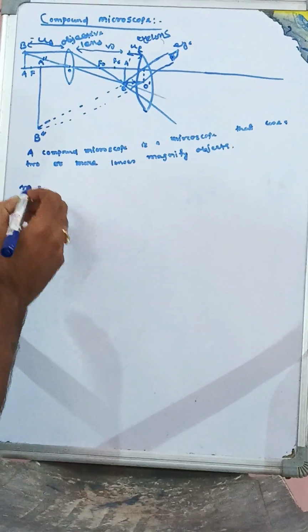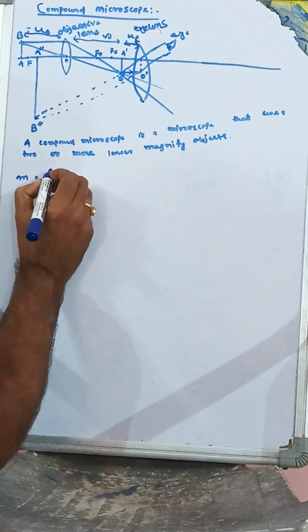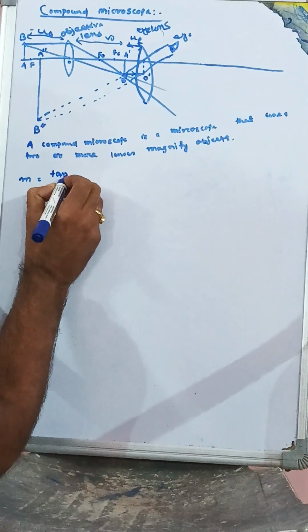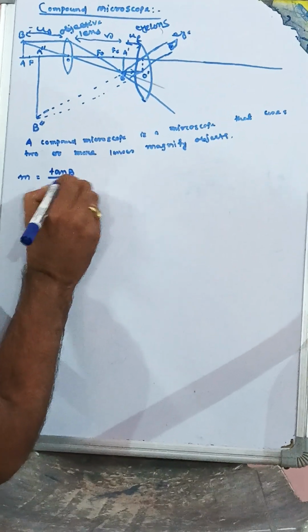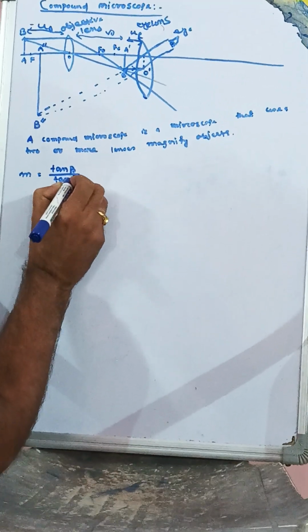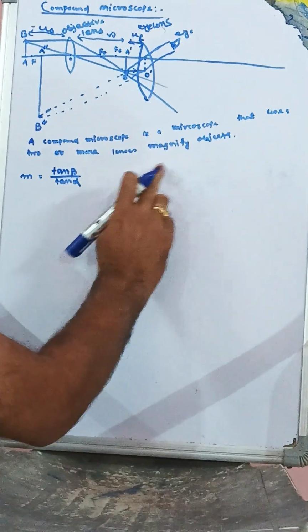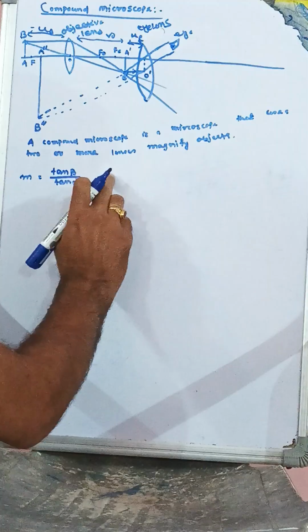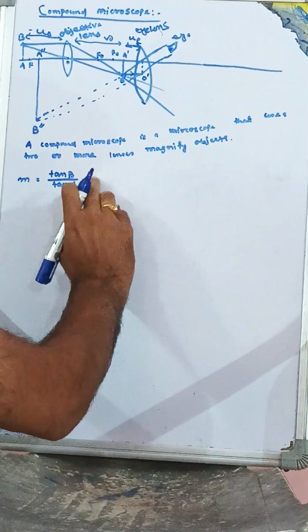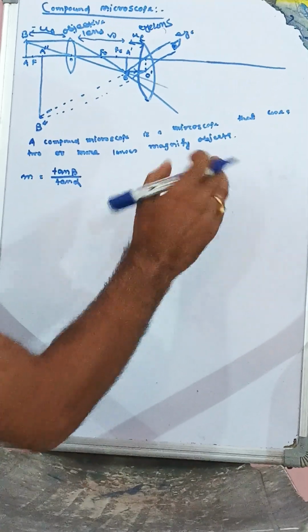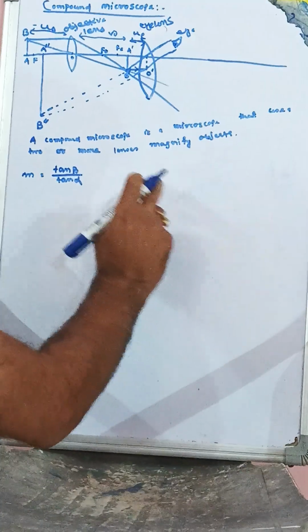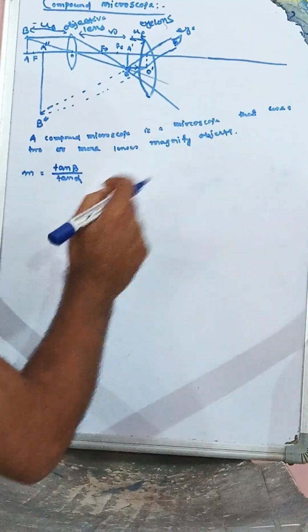We have to write it this way: tan beta divided by tan alpha, where beta is the angle from image to eye and alpha is the angle from object to eye.